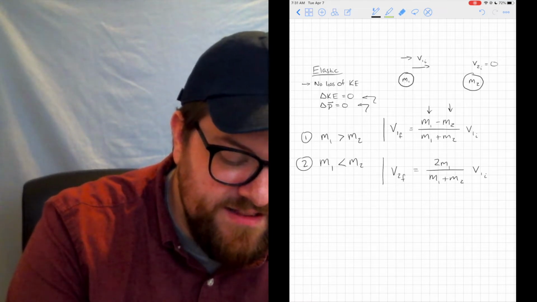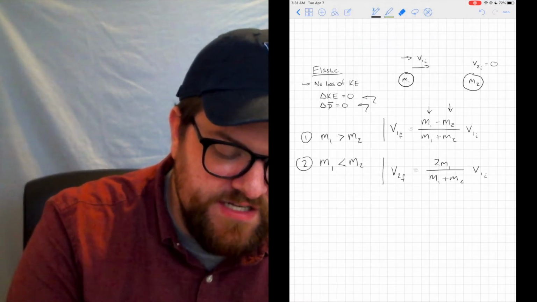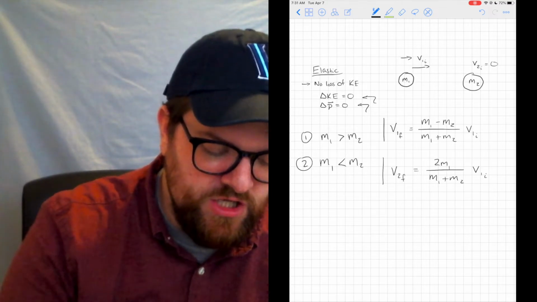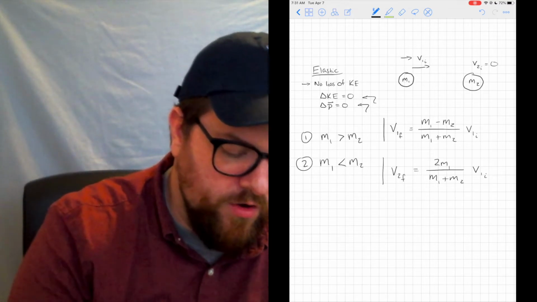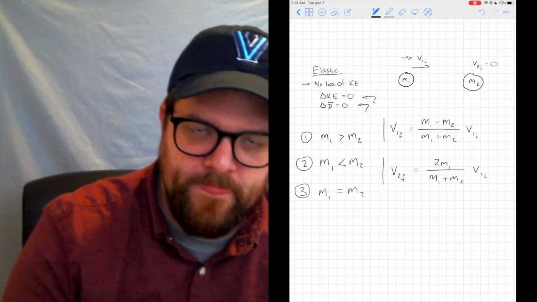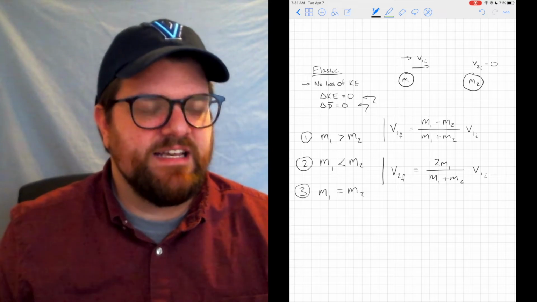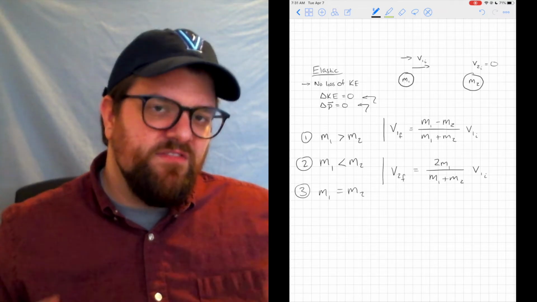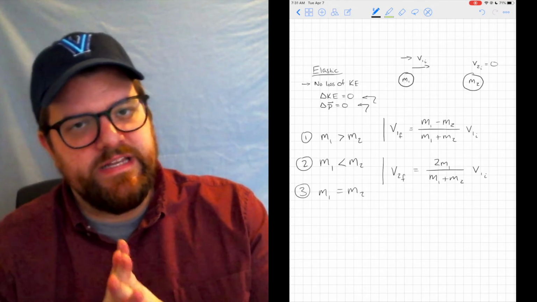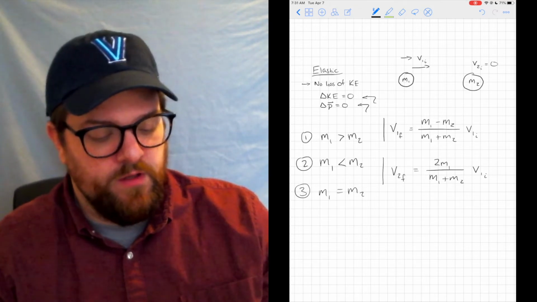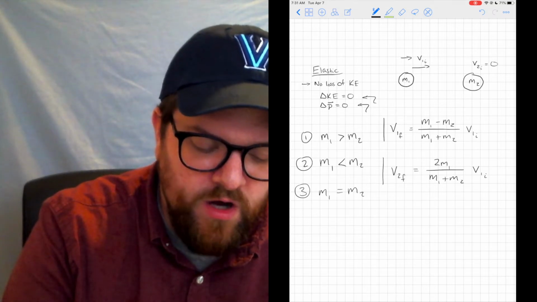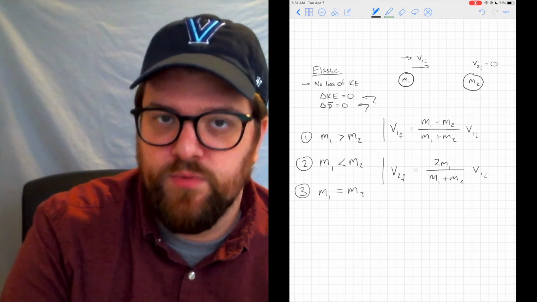So we have these different scenarios here, and if you're really paying attention, you might be wondering, wait a second, what about M1 equals M2? What if they have the exact same mass? If they have the exact same mass, M1 is going to come in, hit M2, and M2 is going to move. But if we look at our expression for V1F, M1 is going to stay put.